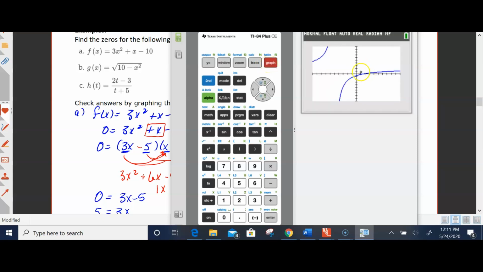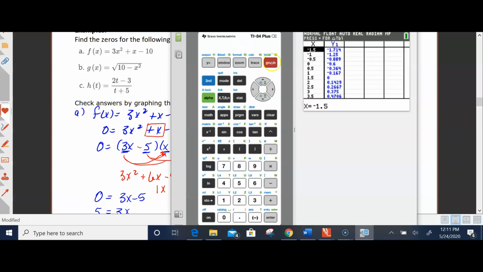And right here is our 0 or our x-intercept. It's where it crosses the x-axis. And if I go to my table, aha, there it is. 1.5, 0. Remember, we obtained a 3/2 when we worked that one out by hand. So here's a way we can just check our work using our calculator.